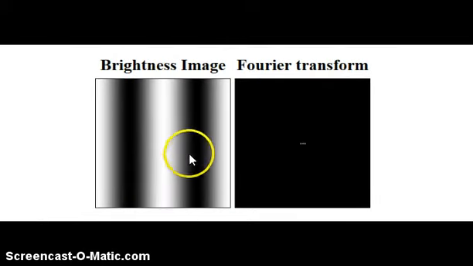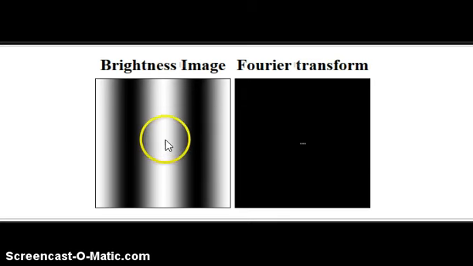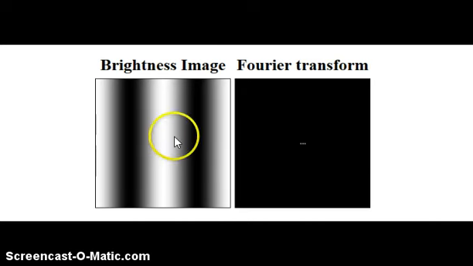So again, here's another example. There's another sinusoidal brightness image, this time with lower frequency because there's more space in between the periods, and it's again with its Fourier transform. Again, it has three peaks. The middle is again the DC term, and then it shows the representation of the first frequency, and on the opposite side its mirror image.